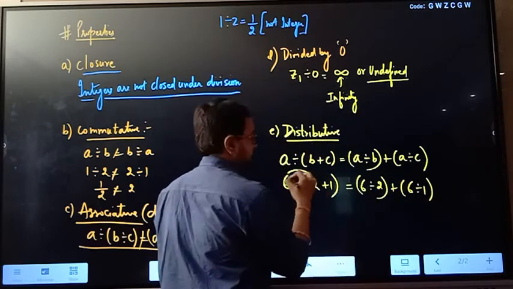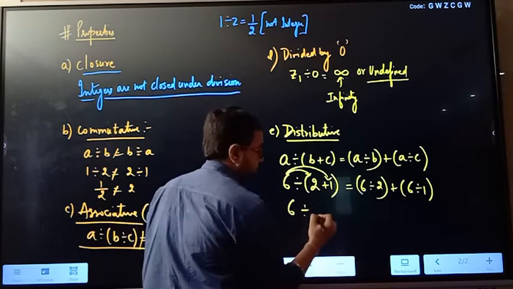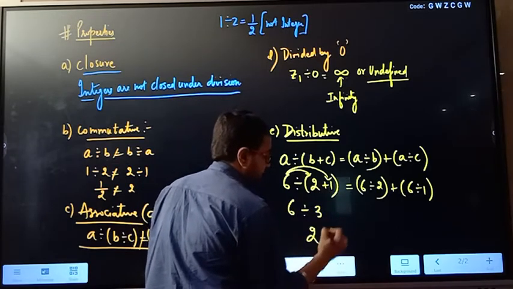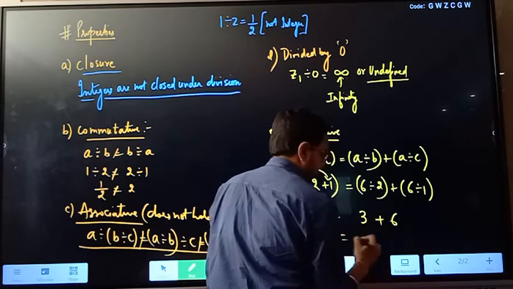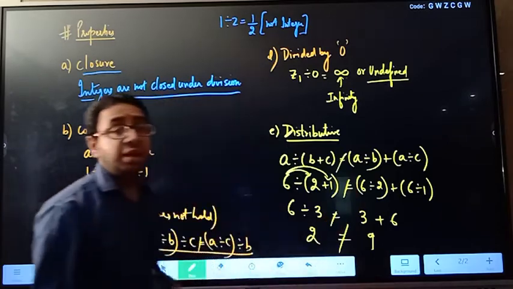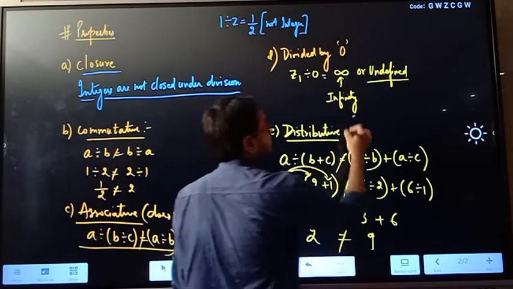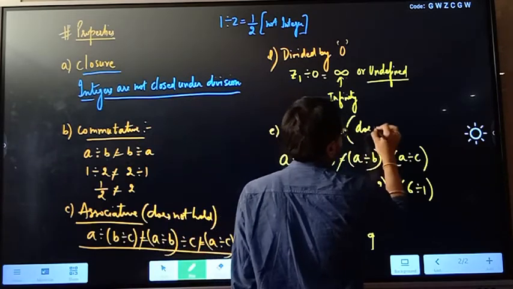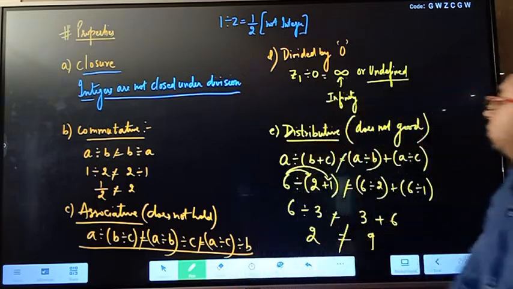Clear? 2 plus 1 is 3, and 6 divided by 3 is 2. Now 3 plus 6 gives 9, while here we got 2. Hence we can say that distribution over addition does not hold good for division. Are we clear about this? It does not hold good for division.